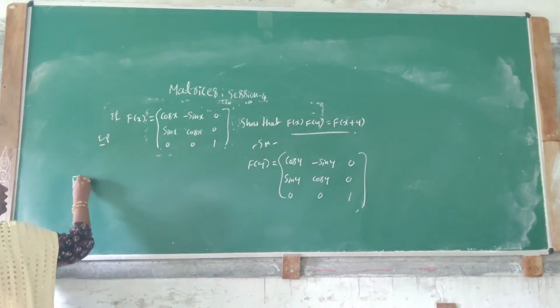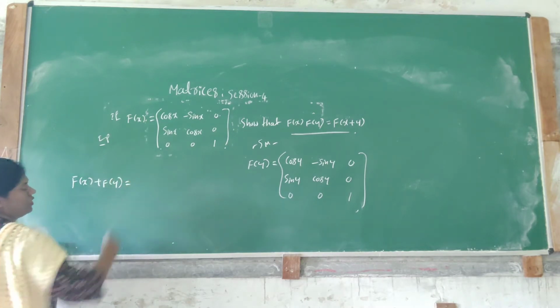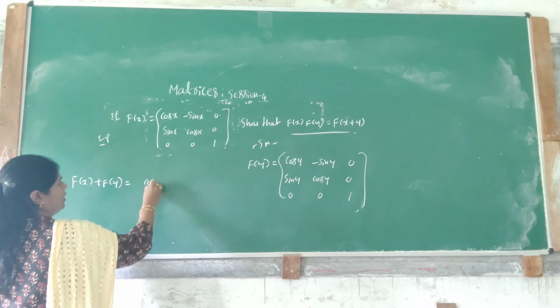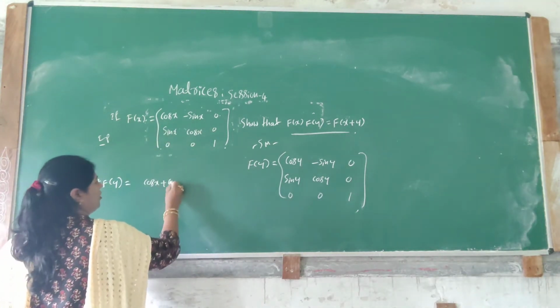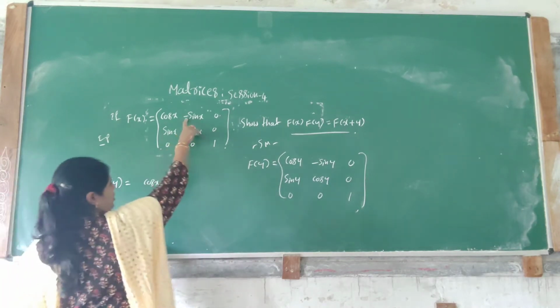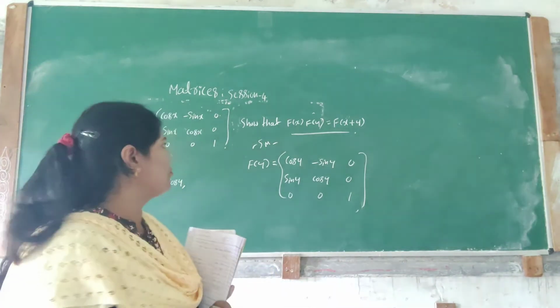First we will do f of x plus f of y. What is f of x plus f of y? See, f of x is cos x, what is f of y? Cos y. Cos x plus cos y. Next, we have to add the corresponding elements.